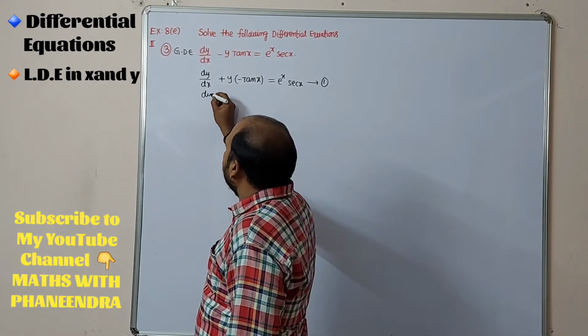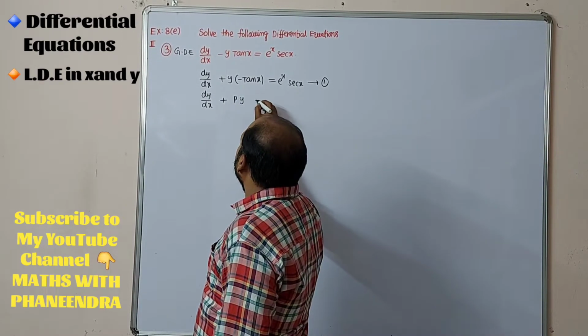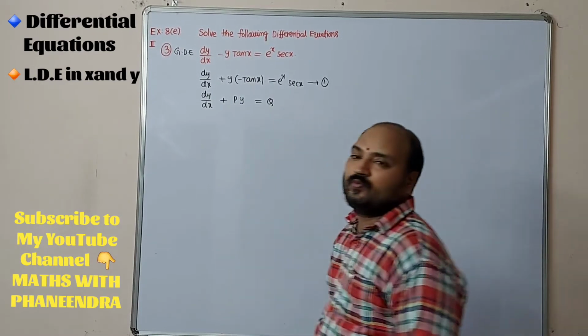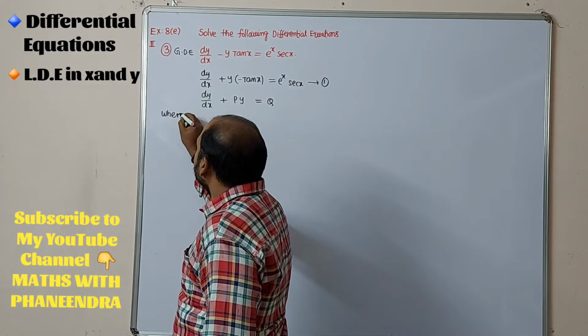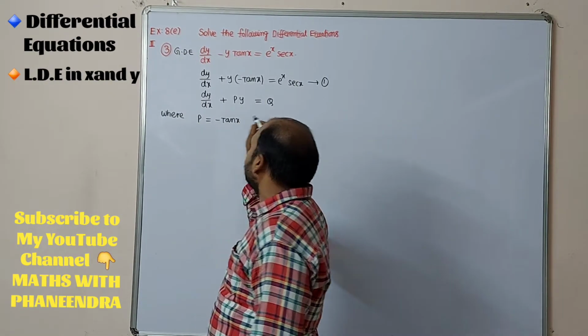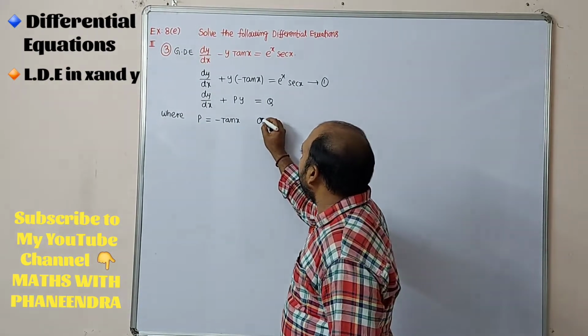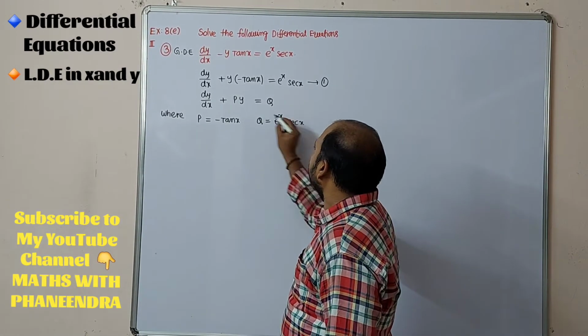Compare with dy by dx plus py is equal to q, where p is equal to minus tan x and q equal to e power x into secant x.